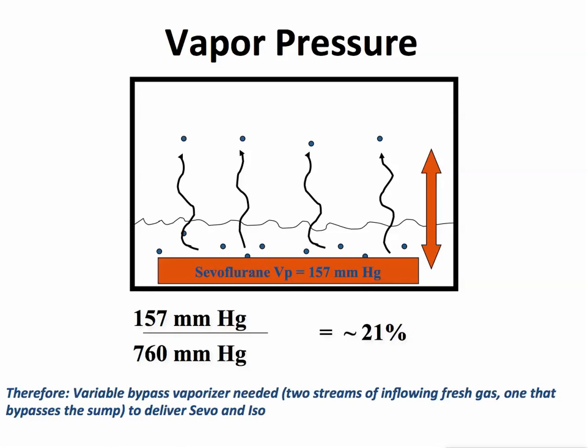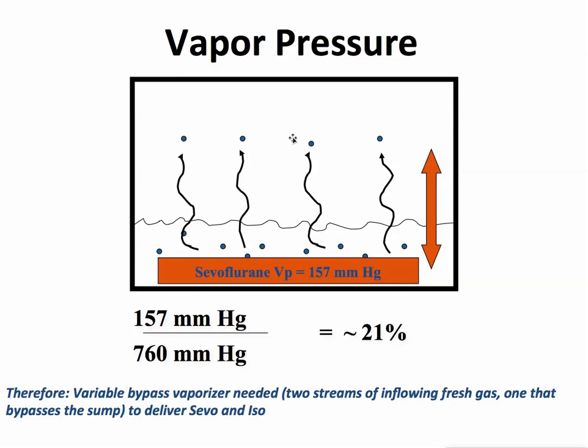Let's talk about vaporizer output next. The first concept has to do with vapor pressure and what's going on in the vaporizer. The vapor pressure of sevoflurane is 157 millimeters of mercury, and if you're at 1 atmosphere, sea level, that is 760 millimeters of mercury. So if you allow equilibration of a liquid in a closed chamber at sea level, you can see that at equilibrium, 157 over 760, the vapor percent will be approximately 21%.